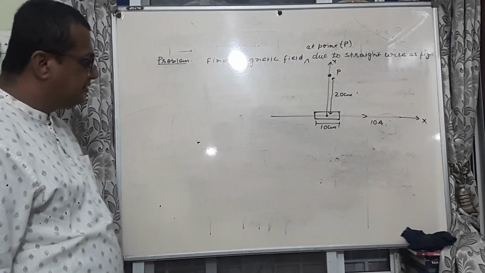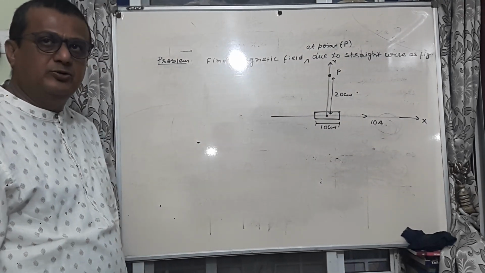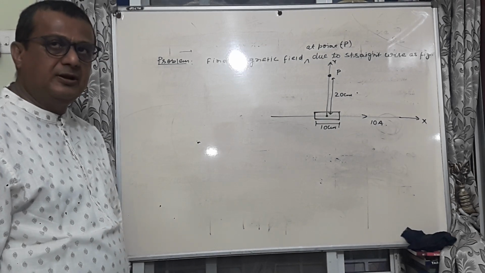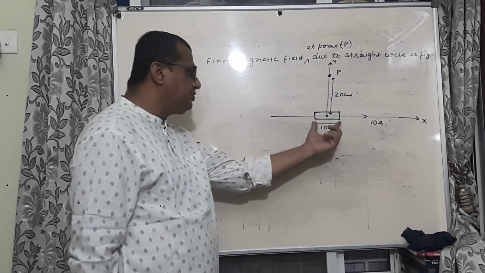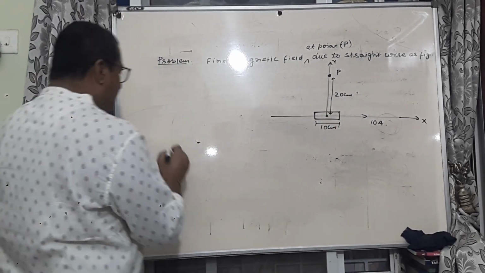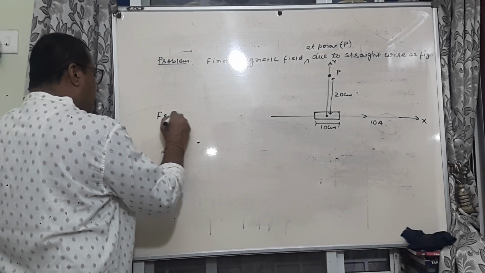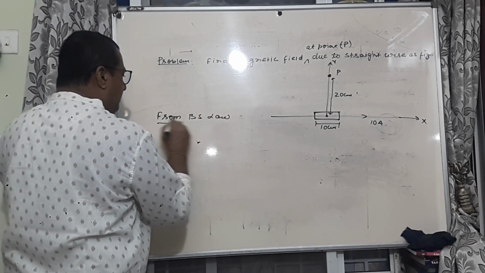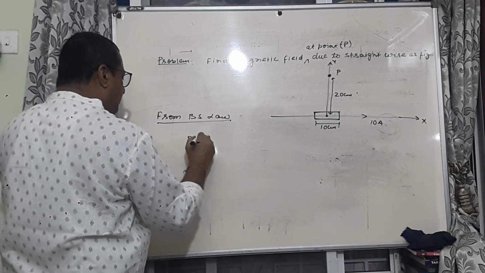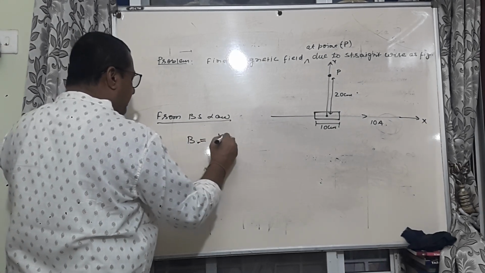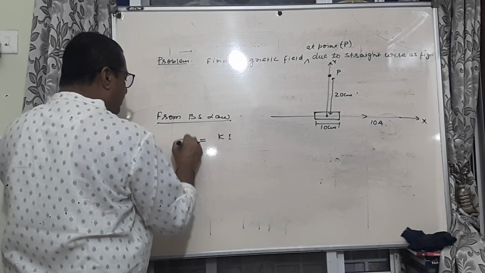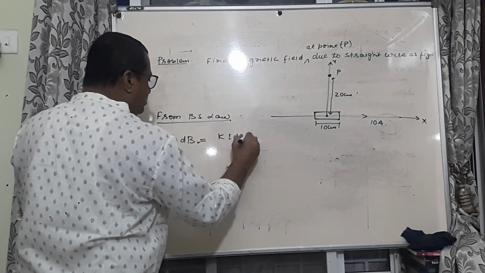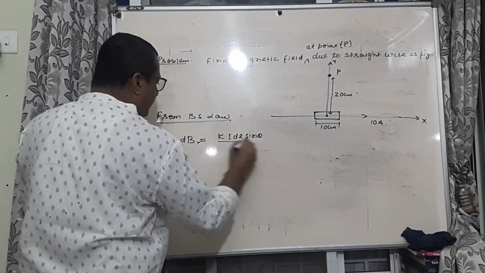So again, just as we have done, according to Biot-Savart law, the magnetic field due to this current element will be dB equal to k I dl sin theta divided by r square.